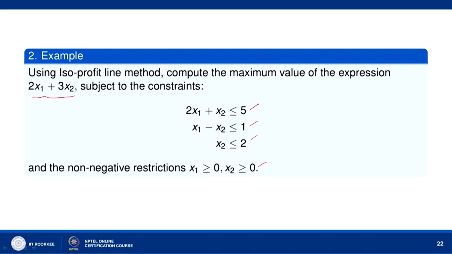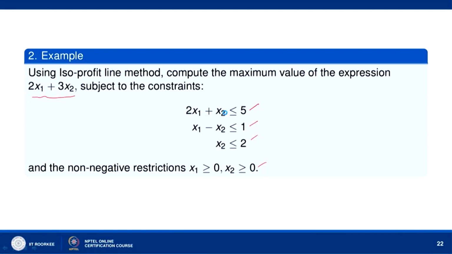We locate the vertices of the convex polygon and find the value of Z at all these vertices. The vertex for which the value of Z is maximum gives us the optimal value, that is the maximum value of Z.